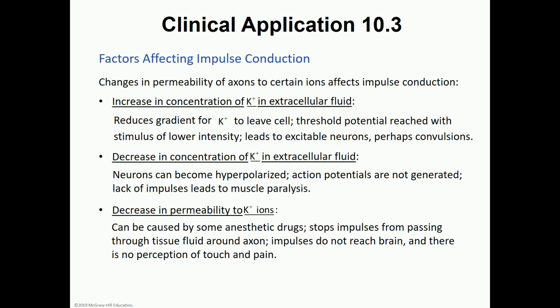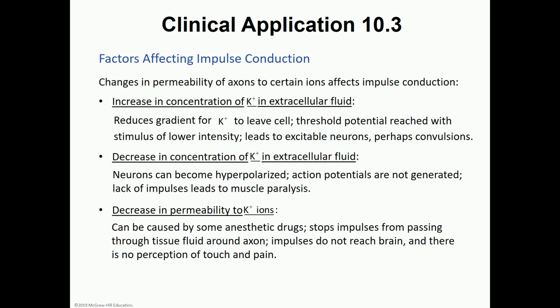Now for a little clinical application. What would happen if there are changes in the ion concentration, whether in the extracellular fluid or on the inside of the cell? Potassium, remember, is really the master of all of this.